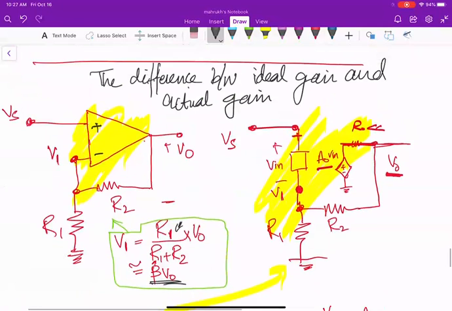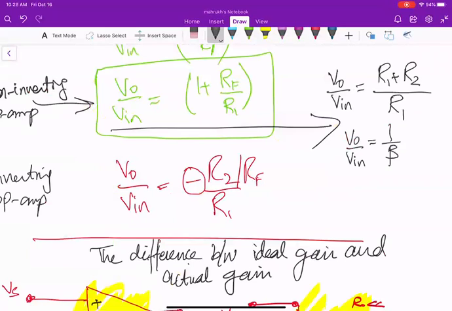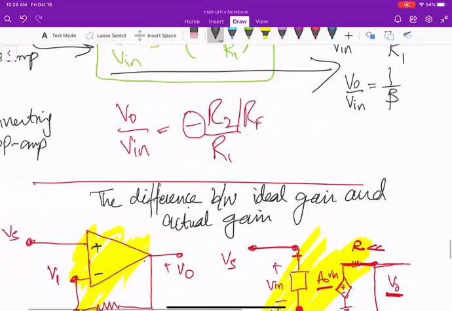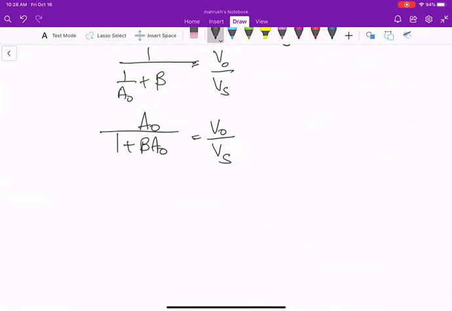And this is R1 plus R2 divided by R1, which is equal to 1 by beta.